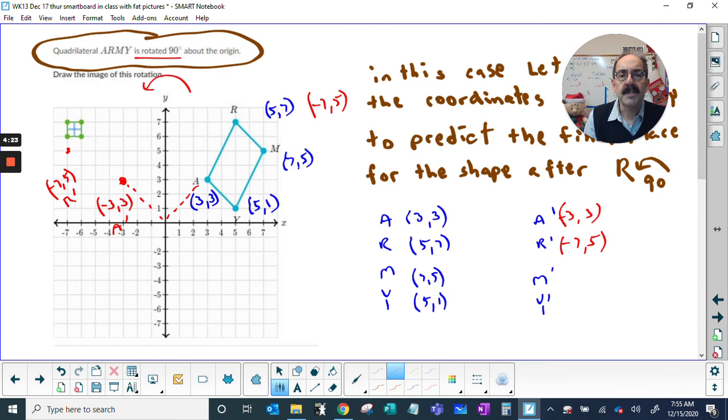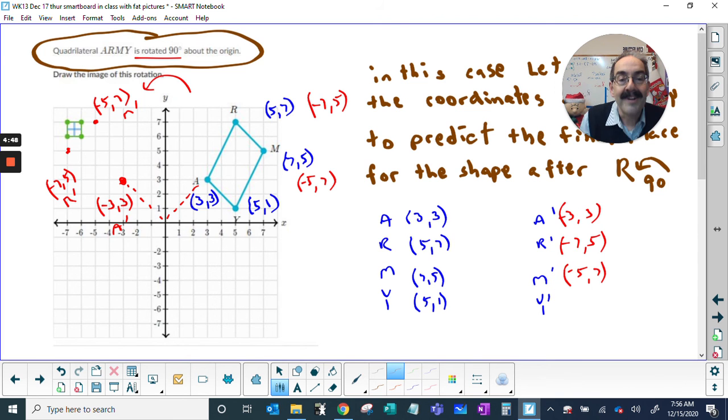Okay, let's do M. Let's flip it, 5, 7, but it's going to be in the new quadrant, so negative 5, positive 7, and this will be M prime.